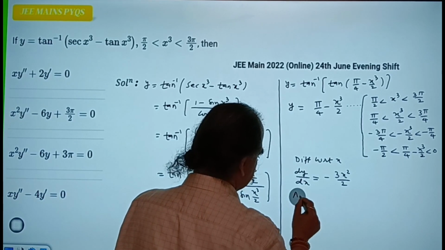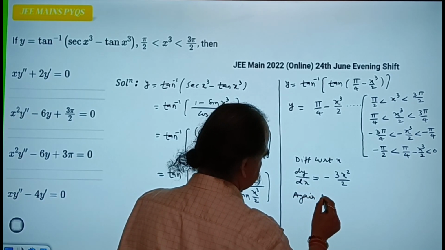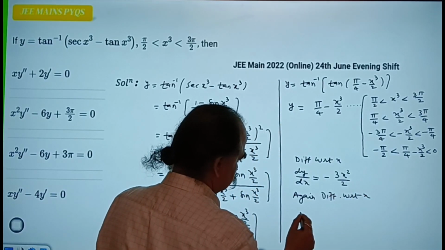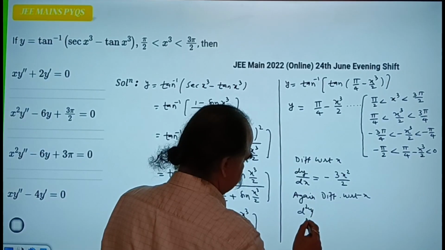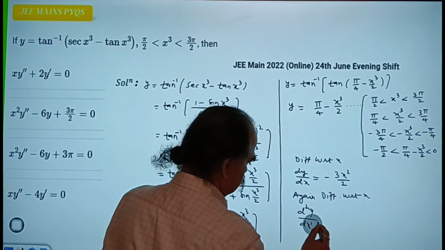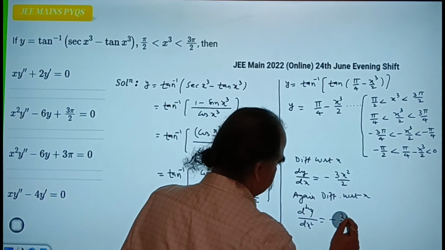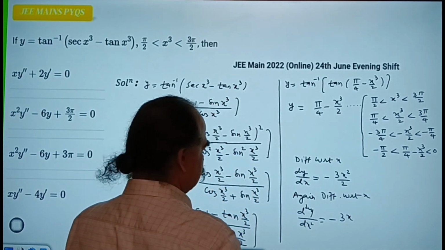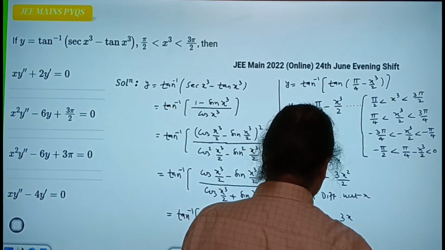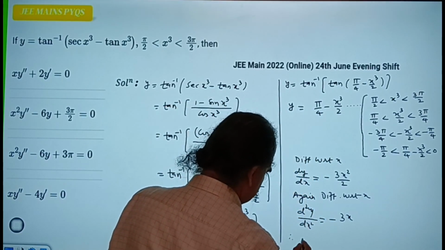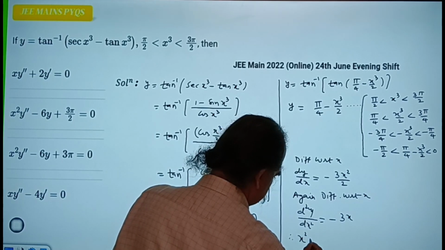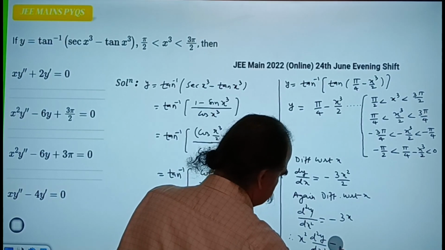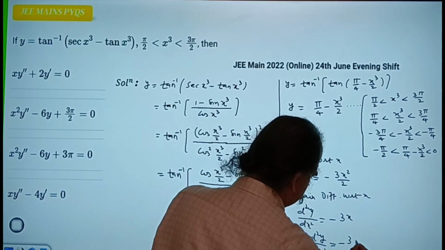Again differentiating, d2y by dx square is minus 3x. Now we'll multiply both sides by x square. So x square d2y by dx square is equal to minus 3x cube.